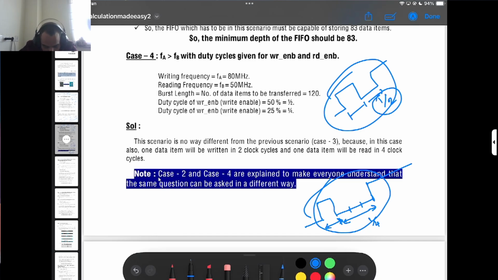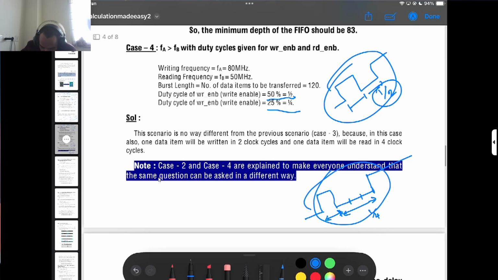And what's the problem? The burst length is the same as the previous problem, but the change is here, 50% and 25%. So this scenario is no different from the previous scenario, because in this case also one data item will be written in two clock cycles.